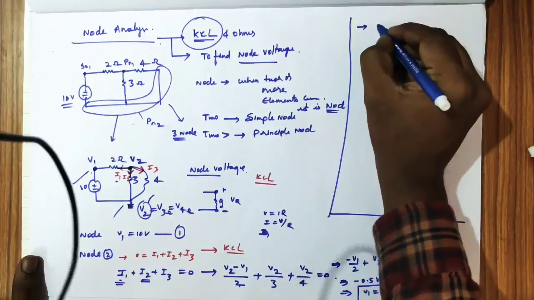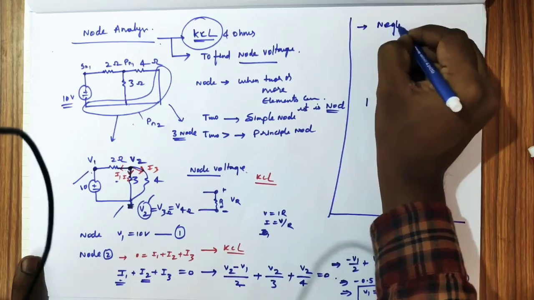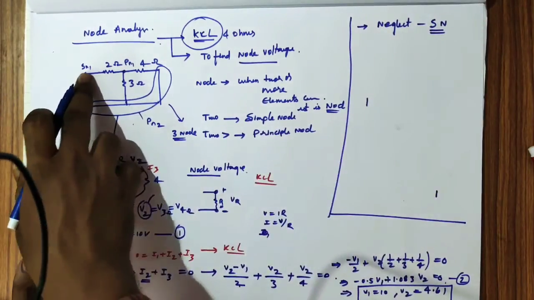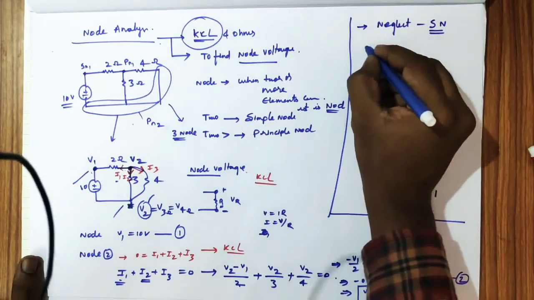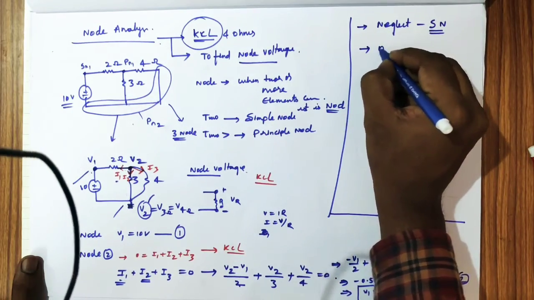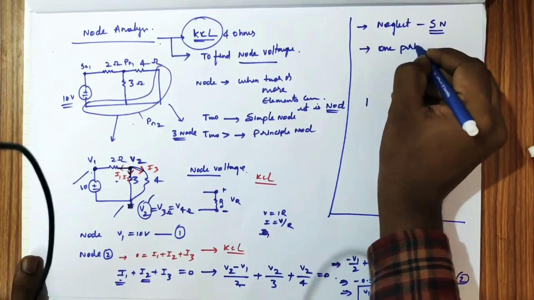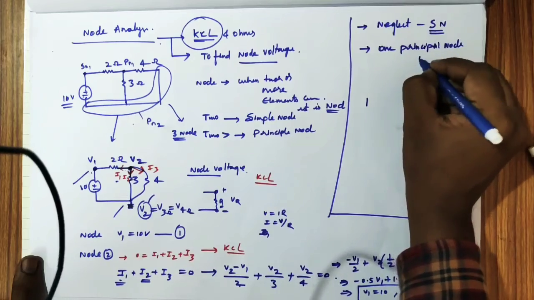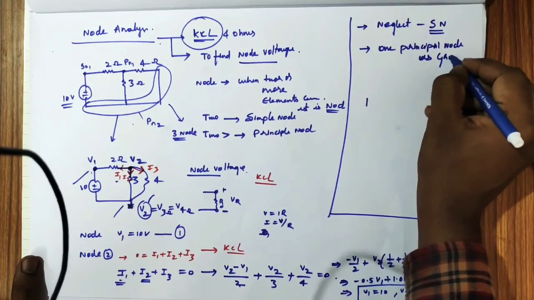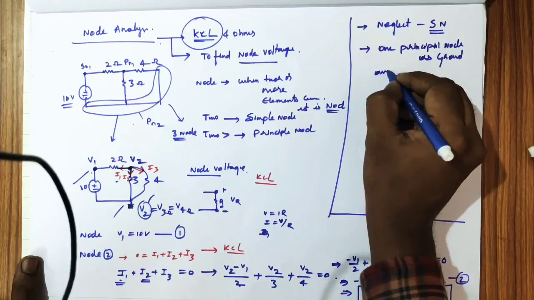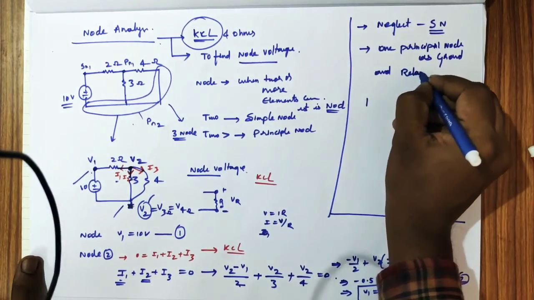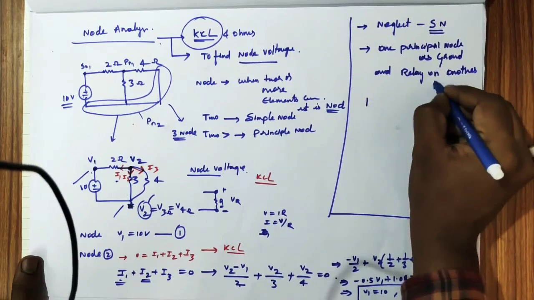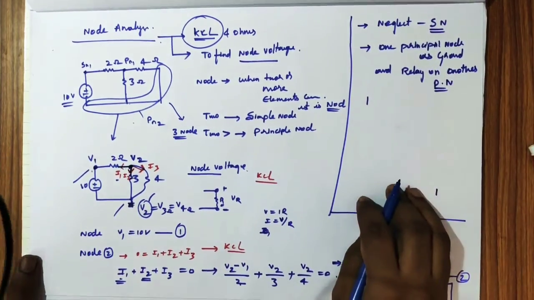In doing nodal analysis, always neglect simple nodes, that is, where two elements are connected together, and make one principal node as a ground and rely on another principal node.